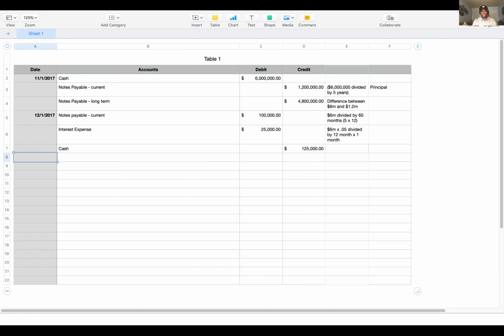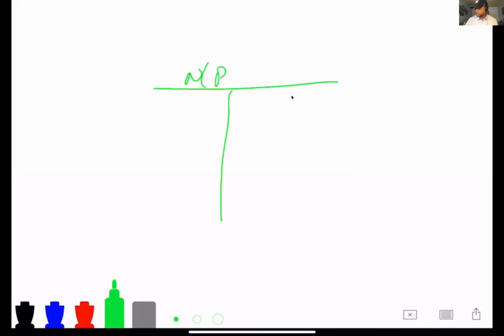Oh wait, no. We have to do one more thing on December 1st, 2017, because if we were to look at our T account, our T account would say for current liabilities: notes payable current, and notes payable long term.